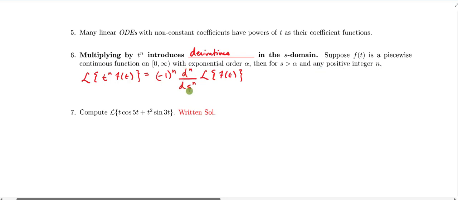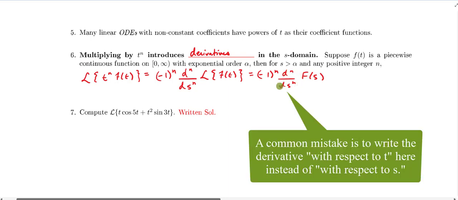Then we take as many derivatives as we have powers of t of the known Laplace transform. We can write that another way, as -1 to the n times d^n/ds^n of just F of s. So here you can see that we're taking the nth derivative with respect to s of this function.